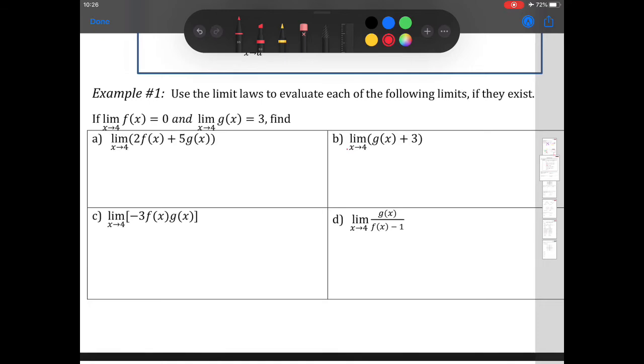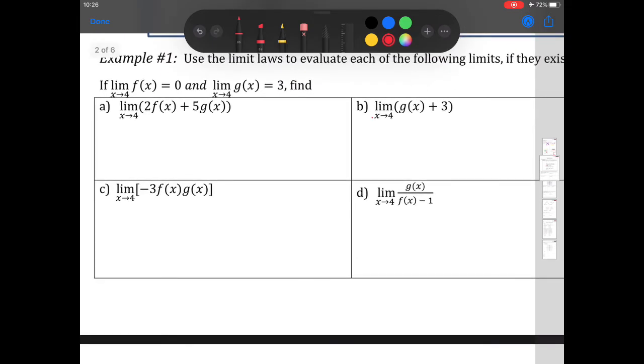Use the limit laws to evaluate each of the following limits if they exist. Again, the same rules apply. So if the limit as x approaches 4 of f(x) is 0, and the limit as x approaches 4 of g(x) is 3, find the following. So what are we doing? Remember, there's a constant, so can I rewrite it as 2 on the outside?